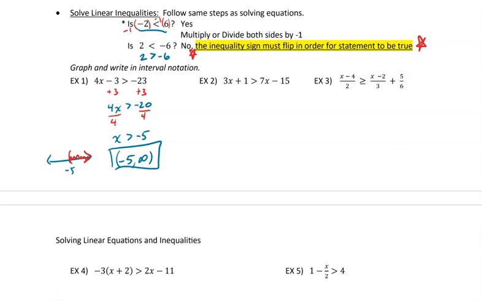All right, let's try example 2. So for example 2, we have x on both sides, so we're going to start out by moving those to one side. Now, personally, for inequalities, I always just like keeping x on the left, because if x is on the left, then whenever we're graphing it at the end to put it in interval notation, we can just shade in the direction that the arrow points.